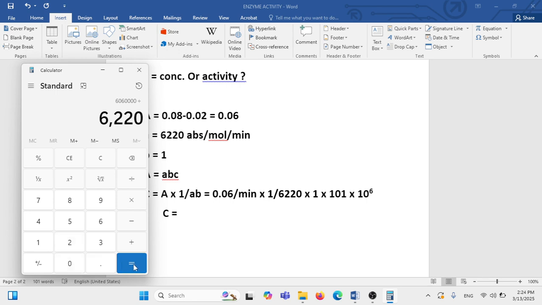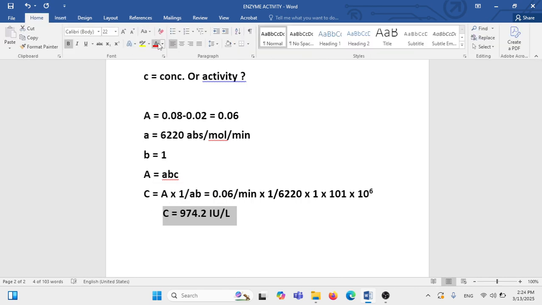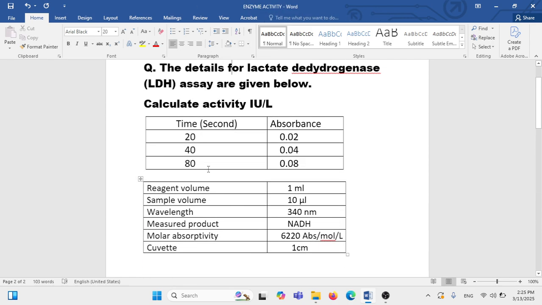So we get 974.2. This is the activity of LDH, 974.2.